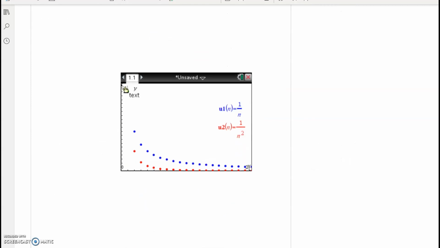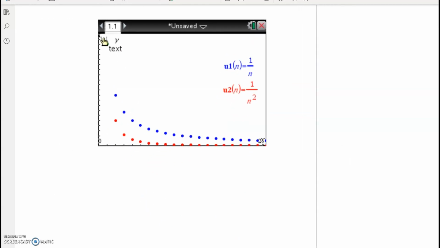When you come down here to the next screen, you can see how much faster 1 over n squared converges to 0. And it converges fast enough that not only does the integral converge, but the series converges as well. It's almost like a squeeze that we've put this underneath and you can see that it converges and the 1 over n does not.